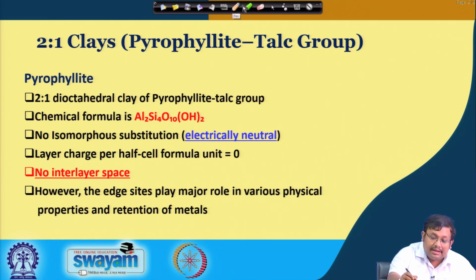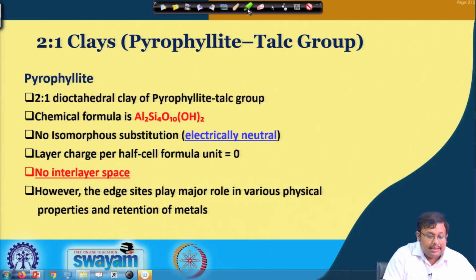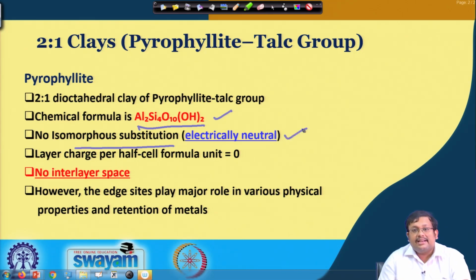It has the chemical formula Al2Si4O10(OH)2, and it does not show any kind of isomorphous substitution. This is a characteristic feature of pyrophyllite, and as a result of that, it is electrically neutral.